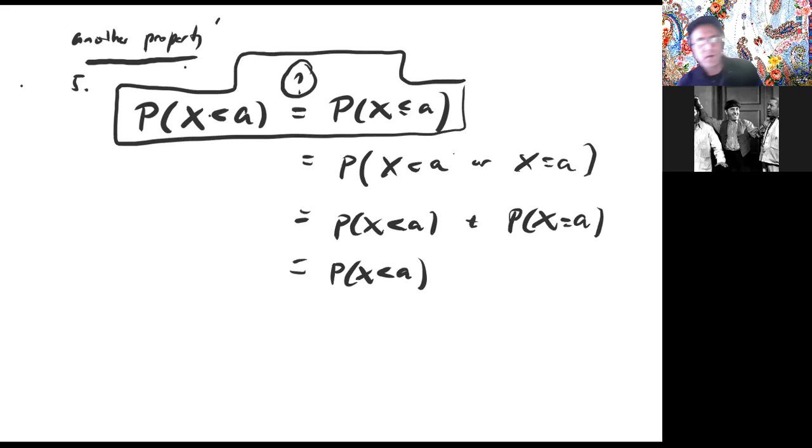Okay, let me give you another example of a probability density function, which is this.